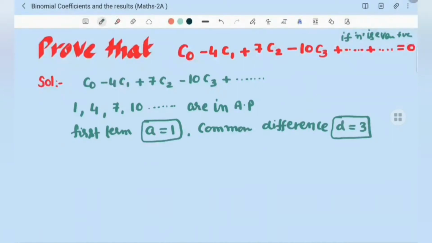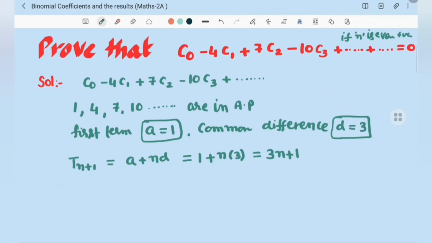For this type of series, the nth term Tn plus 1 is A plus nD, which is equal to A value 1, plus n into D value 3. So it becomes 3n plus 1, which is the nth term of this series.